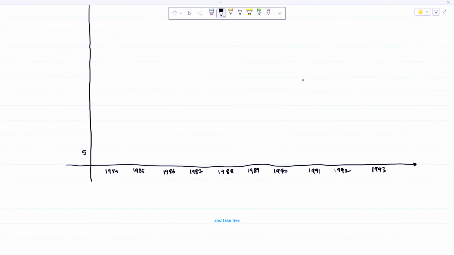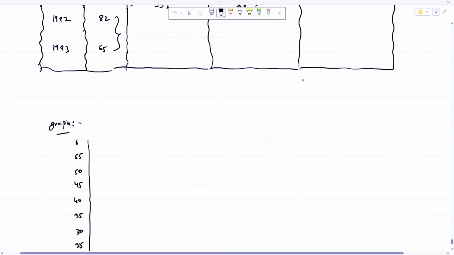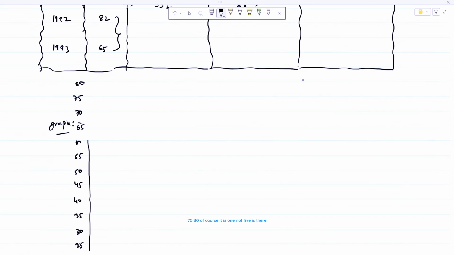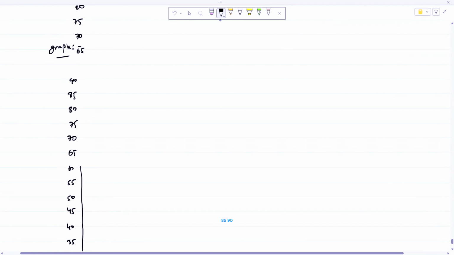And on the y-axis take 5, 10, 15, 20, and so on up to 105. So draw up to this line.